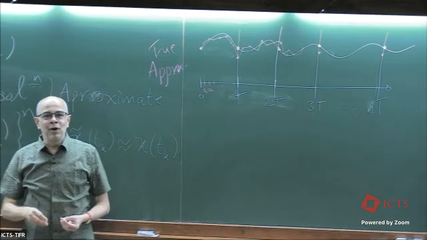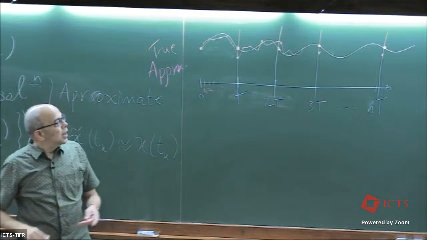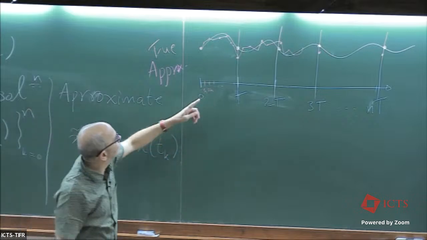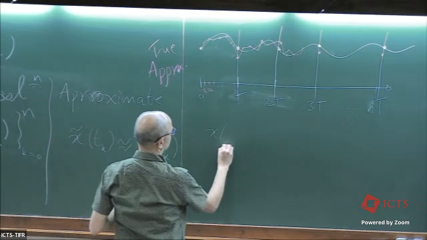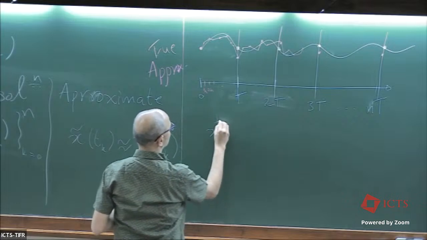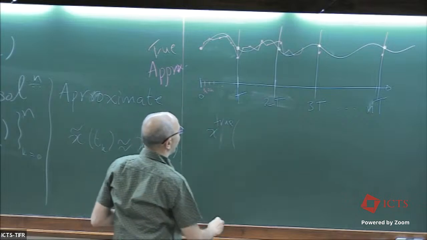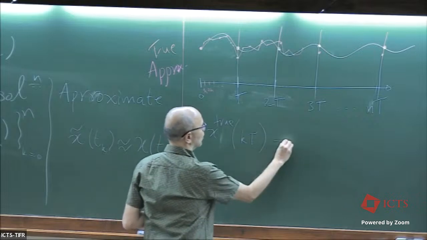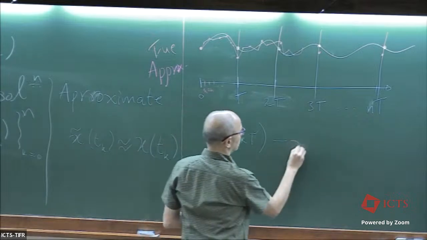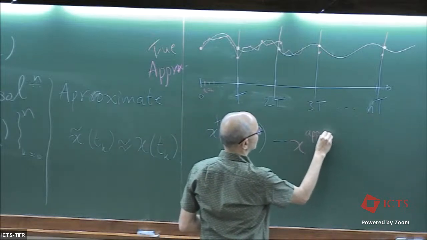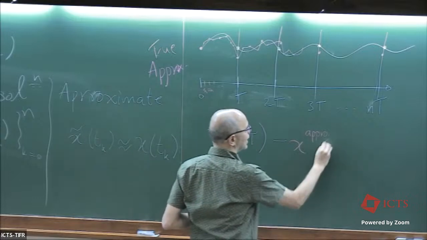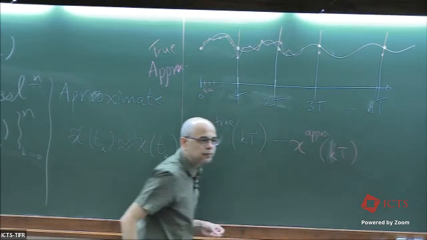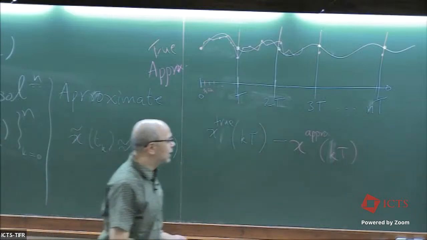One way to understand how good a solution I have is to say, okay, if I knew x true at the time, say, kt, minus the x approximate that we have, using some numerical scheme, at the same time kt, and something like a norm of this.